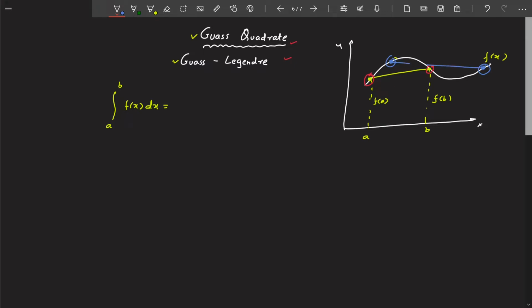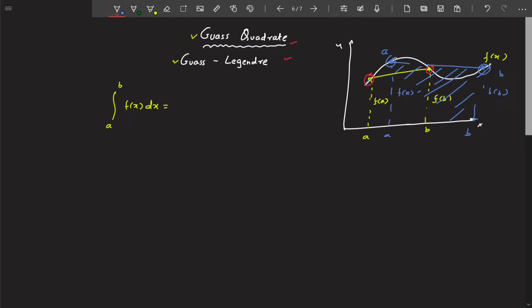This is A, this is B, and this is f(A) and this is f(B). So if we place this point here, the area under this curve is going to be equal to the area under the actual curve.